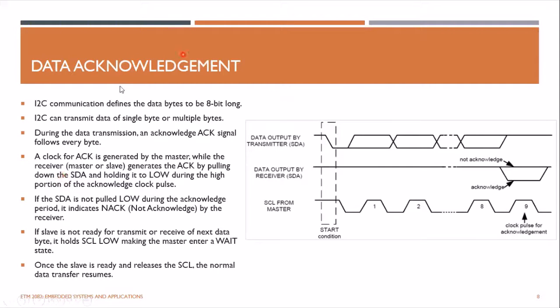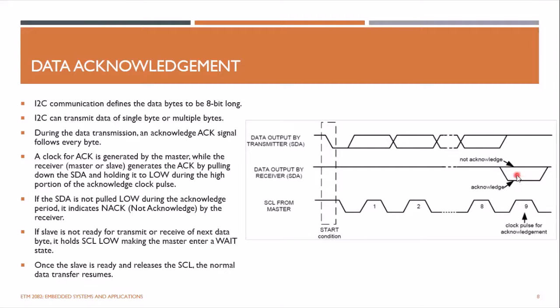And data acknowledgement. That means both parties will understand a successful communication has happened. So all you need to do is, after sending a data packet, the slave will pull the line down.